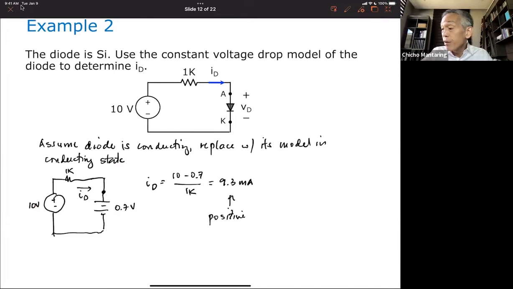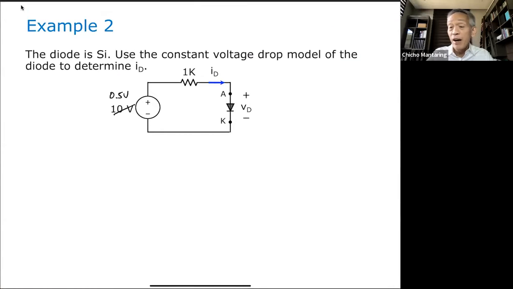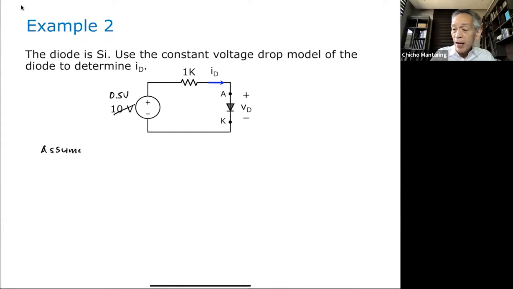Okay, what if instead of 10 volts, this had been, let's say, 0.5 volts? Again, we'll apply the same procedure. Assume the diode is conducting. Replace with the appropriate model.